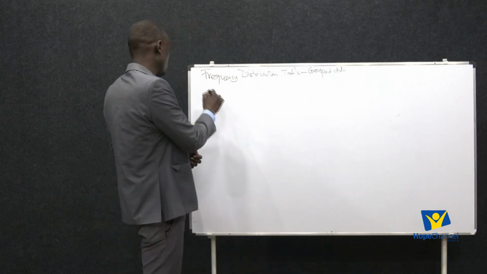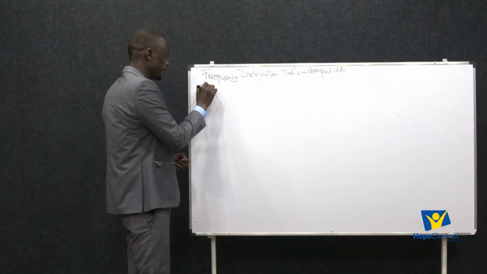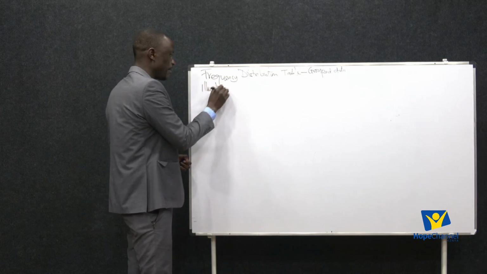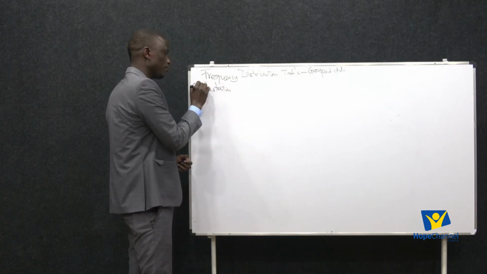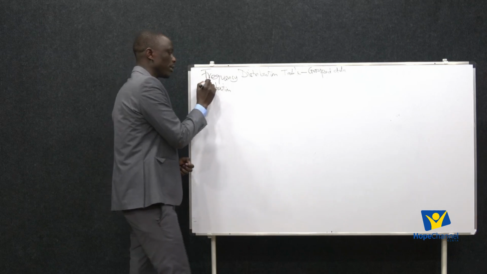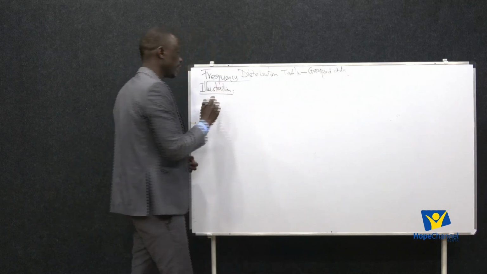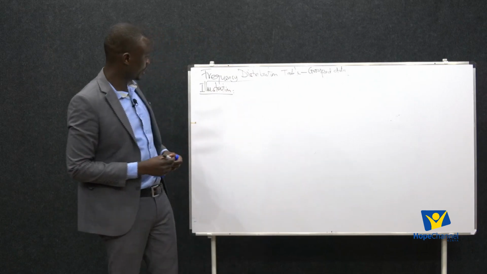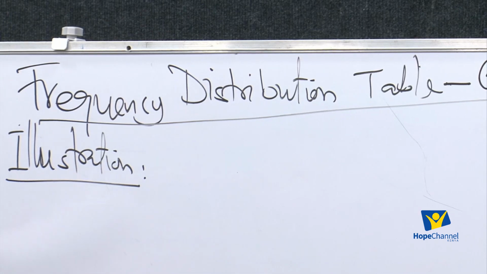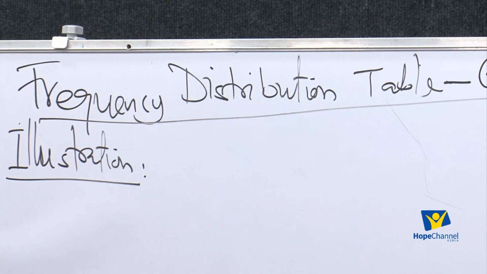So now, having discussed the major components of a frequency distribution table, we want to have an illustration so that we can work on this as an example.